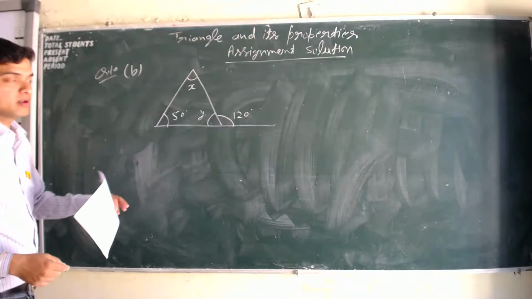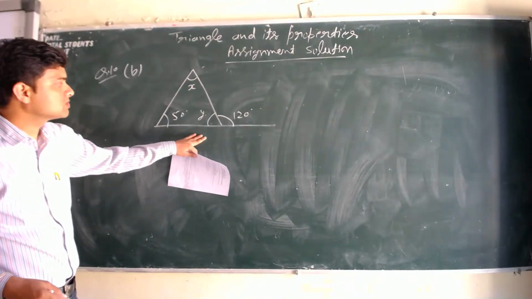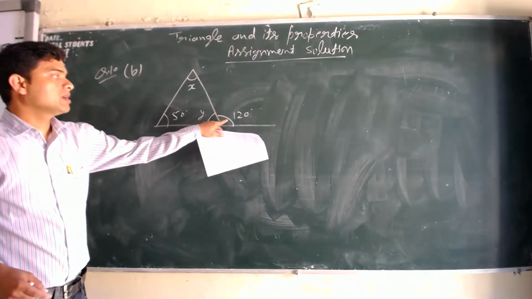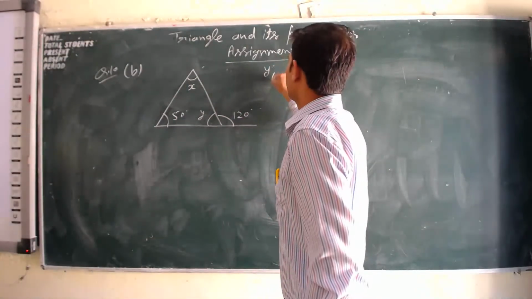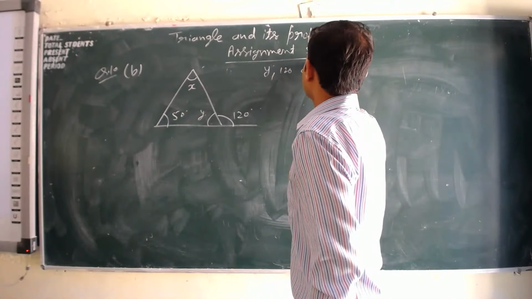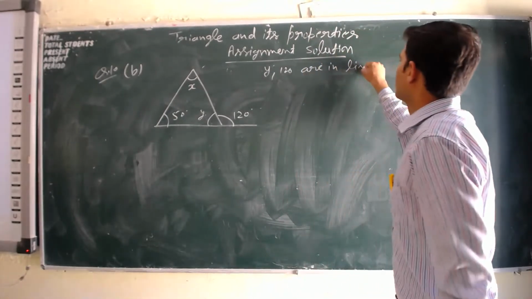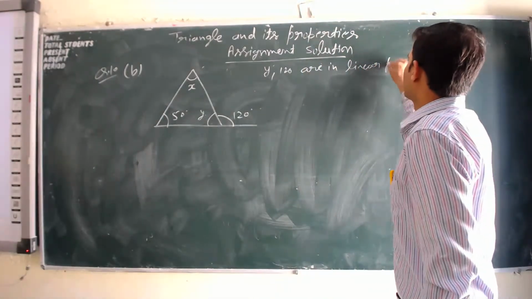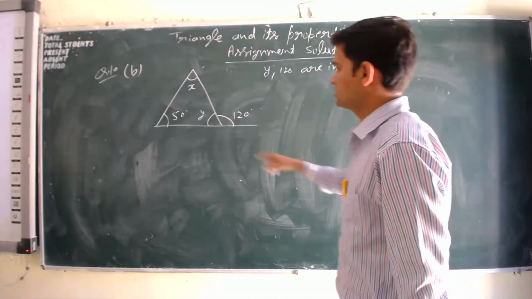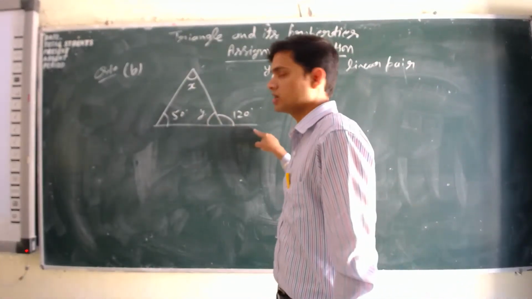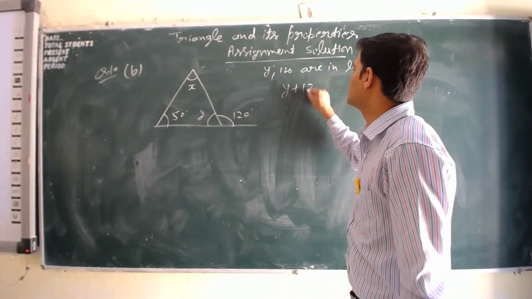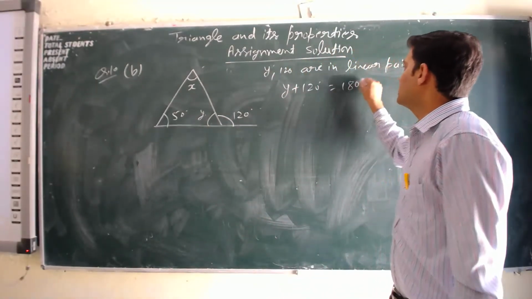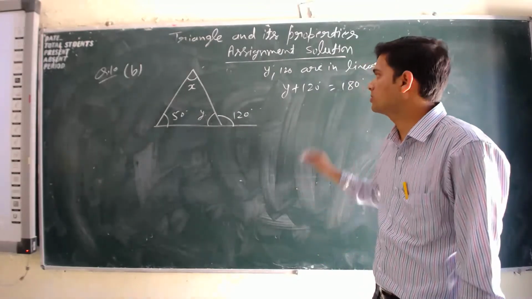But here I choose the linear pair of y and 120. Here, y and 120 are in linear pair. Linear pair means these are adjacent angles on a straight line, so the sum of these two should be 180 degree according to the linear pair property.